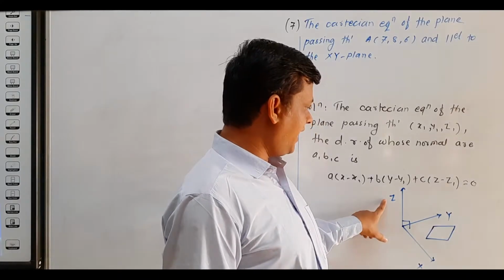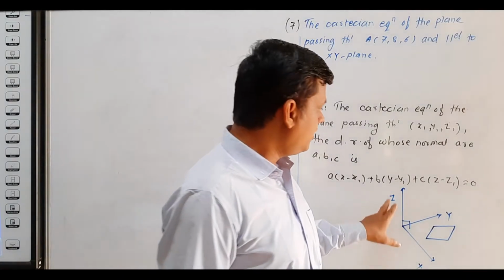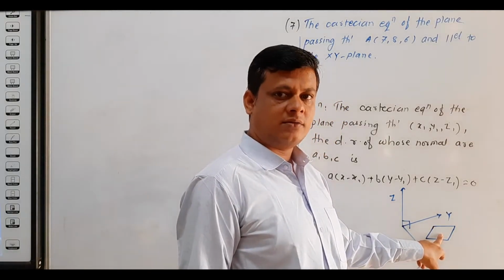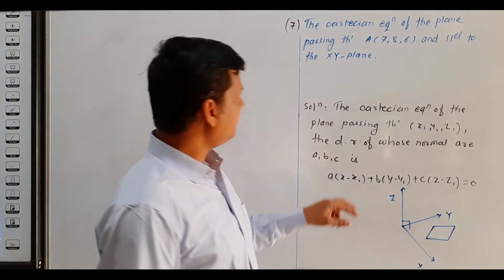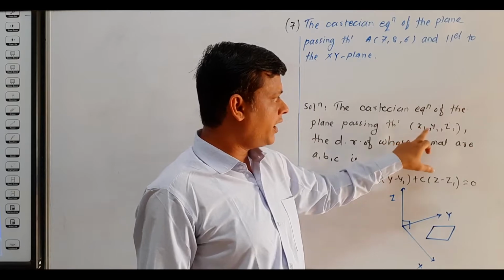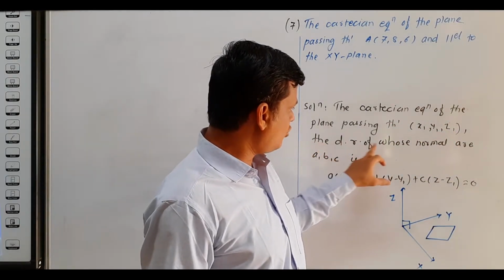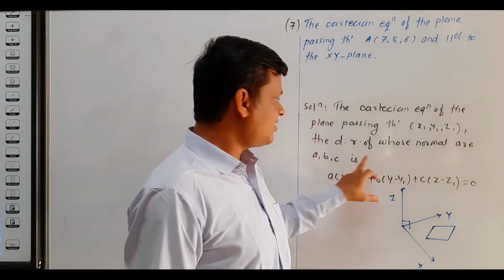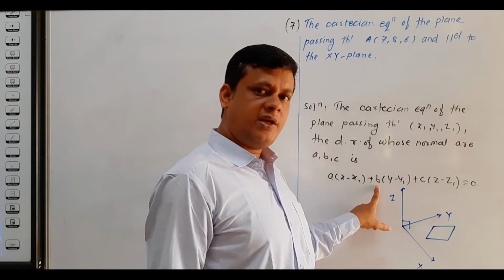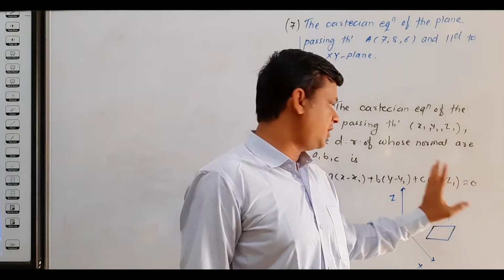So from the direction ratios of the z axis, we can find the direction ratios of the normal to the required plane. So first we write here the Cartesian equation of the plane passing through x1, y1, z1. The direction ratios of whose normal are A, B, C is A in bracket x minus x1 plus B in bracket y minus y1 plus C in bracket z minus z1 is equals to 0.